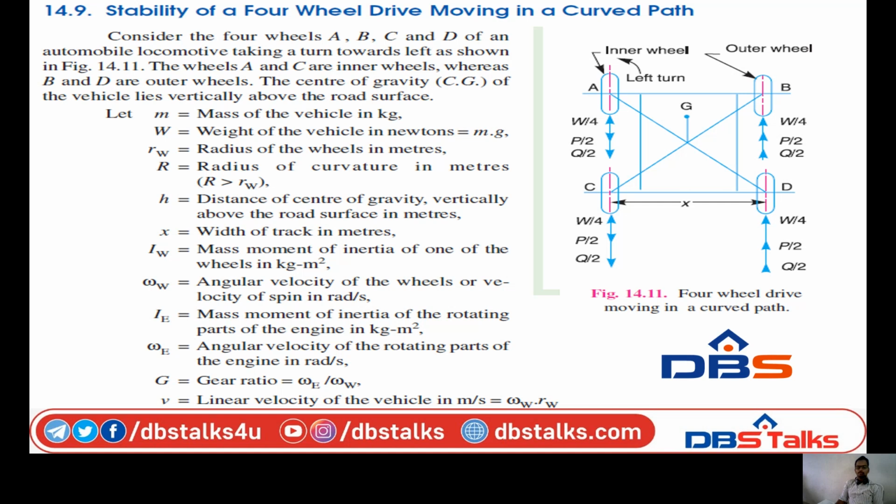Then in the next topic we will consider the effect of centrifugal couple on a motorcycle and a car, that is, a four wheeler automobile. With that, the content on gyroscopic couple in the four wheeler, ship and aeroplane is completed.